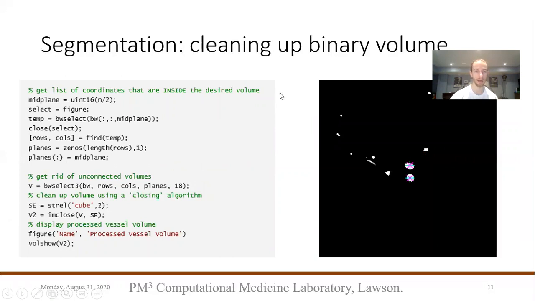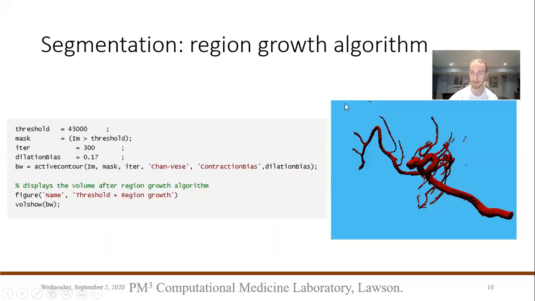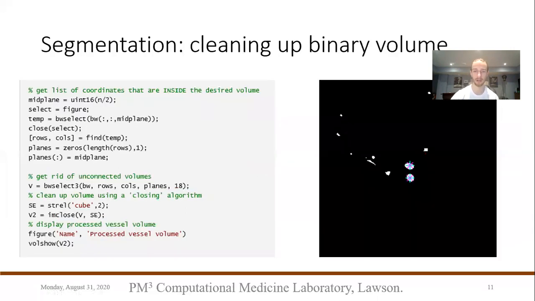Next, I cleaned up the binary volume a bit because, as you can see, there are a few floating volumes here and things that are not attached to the main volume of the vessel, and we want to get rid of those because they're not useful.